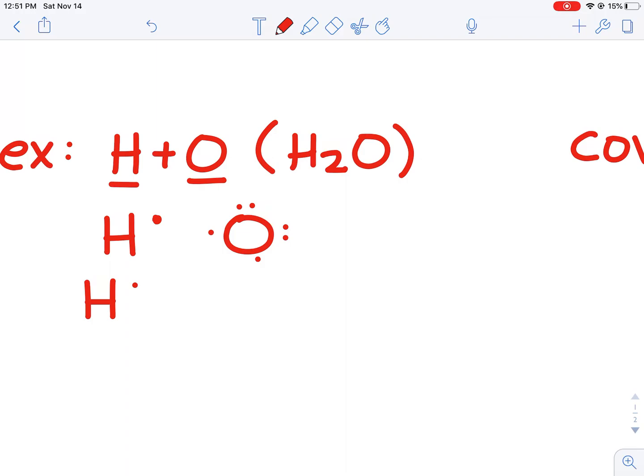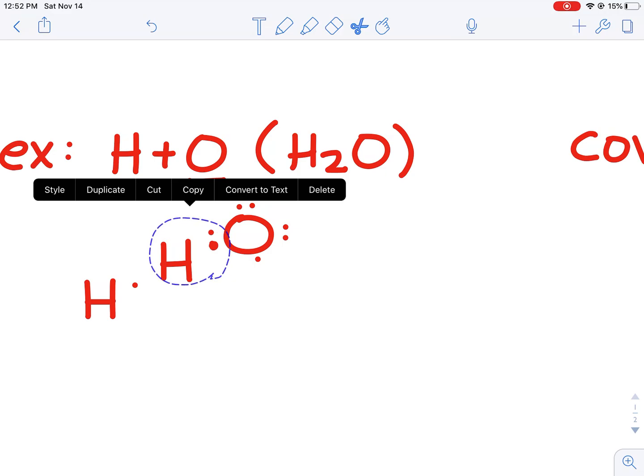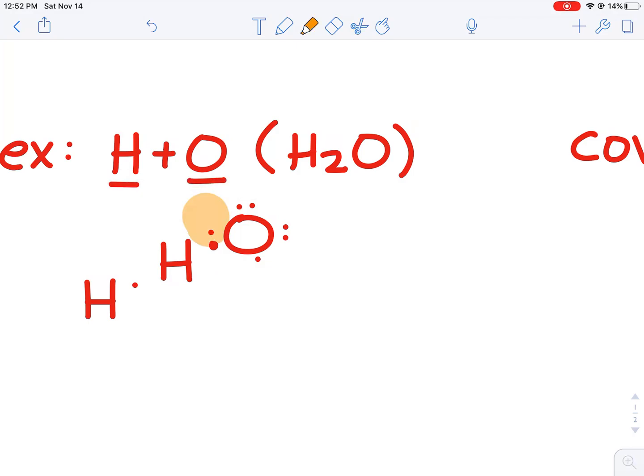In other words, hydrogen needs 1 more electron in order to have a full shell. Remember, energy level 1 can hold a maximum of 2 electrons. The oxygen atom needs to have access to 2 more electrons in order for it to have a full shell. So if I were to take this hydrogen atom, where it has 1 lone electron, and pair it or click it up with where the oxygen's puzzle piece has 1 electron, these are now shared electrons.